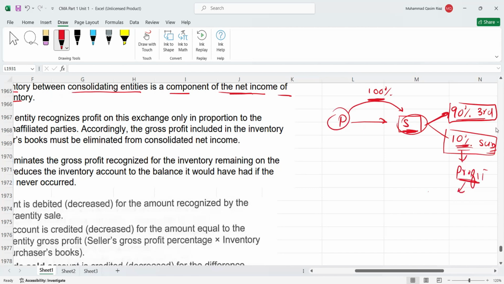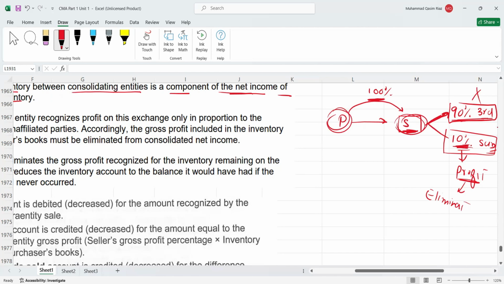This profit we will also eliminate. What is the scenario? Let me say it one more time. One company sold goods to another entity in the group, and the other entity sold some part of those goods to a third party. That we don't need to eliminate, because that transaction is with the third party. And the other entity also has some inventory remaining on its books.